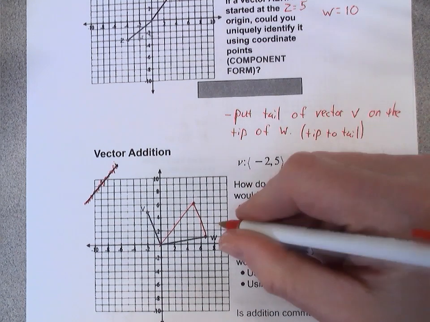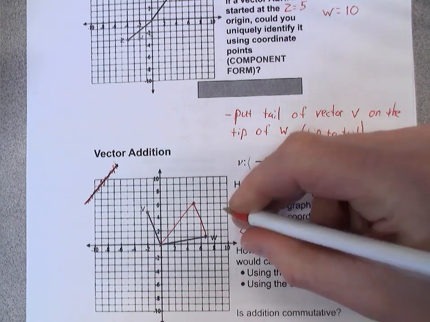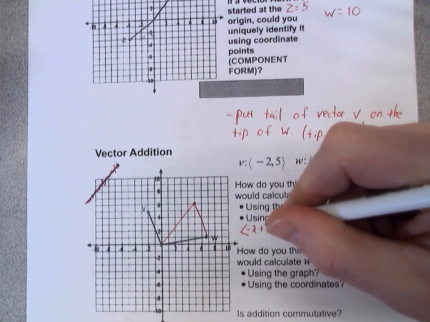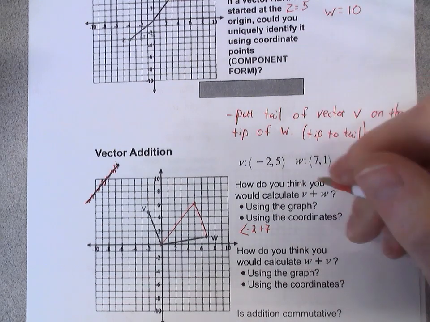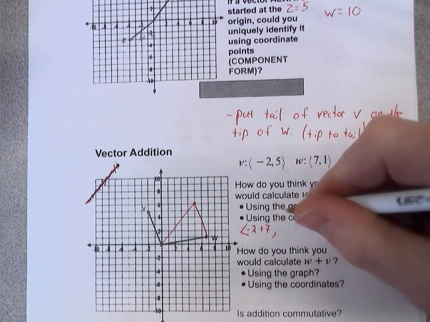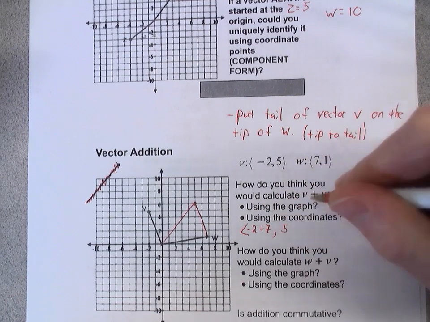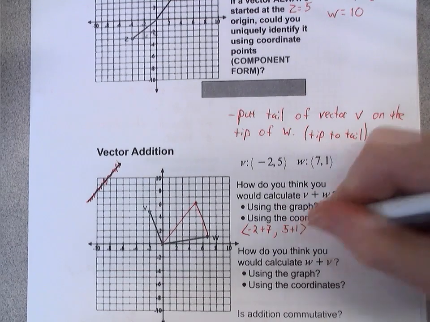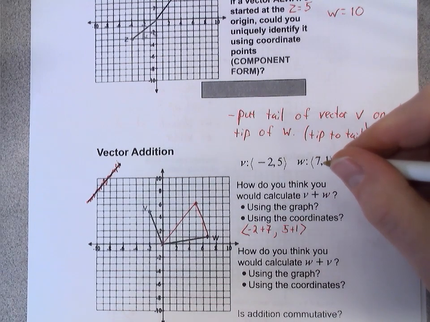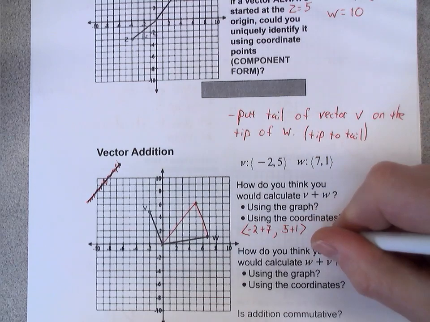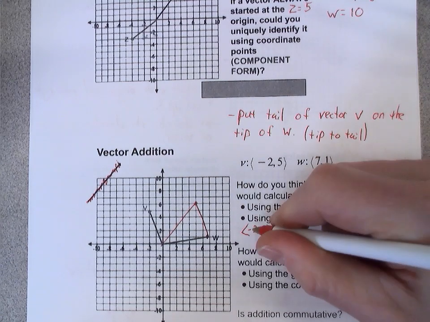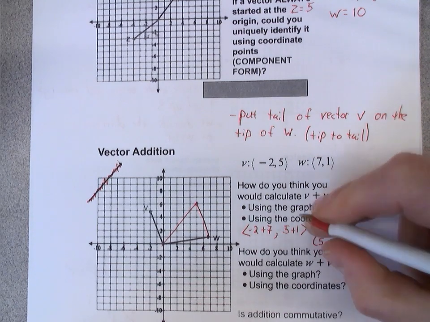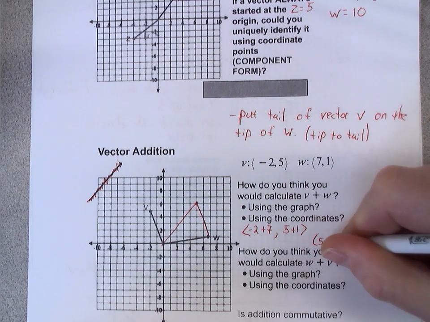So essentially what that looks like is we would have -2 plus 7, and then 5 plus 1. What that is going to give us is the new coordinate of, let's see, -2 plus 7, that's going to be 5. 5 plus 1 is going to be 6.